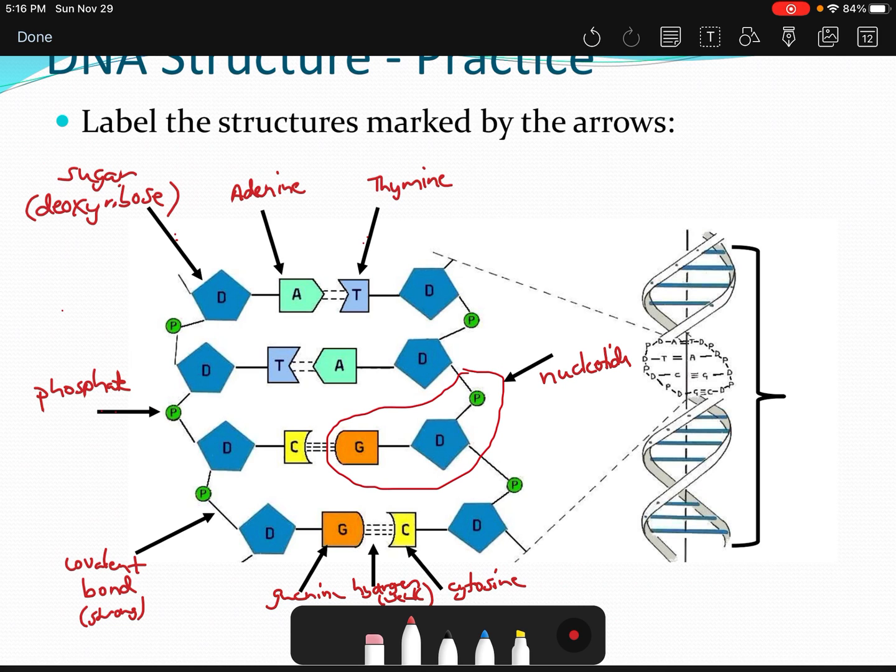And then those two strands of nucleotides are all twisted up to form this almost spiral staircase or spiral twisted ladder. And what do we call that again? The double helix. Okay, those are all things you're going to need to know as far as the structure, because you're going to have to make a model of this and explain it to me later on this week.